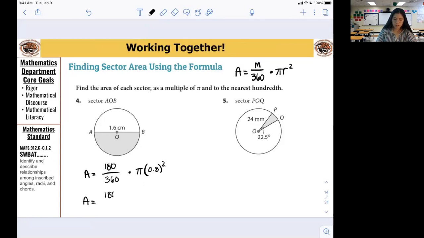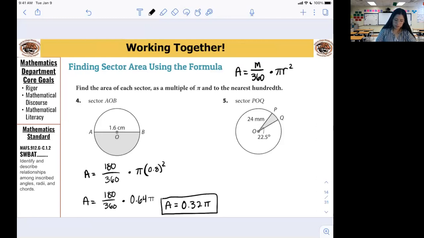So 180 over 360 times 0.64 pi. What do we get? 0.32 pi. All right, to the nearest hundredth, so we're good.